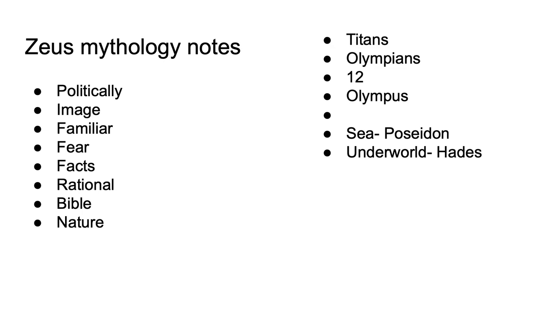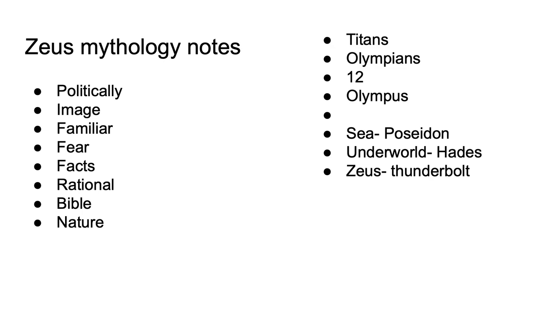If you're thinking about all the things that exist, the sea is Poseidon, the underworld is Hades. What's left? Not just air, not just the sky, also the what? Land, yeah. So the rest of the earth fell to Zeus.